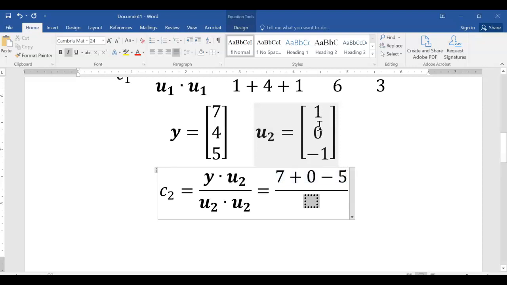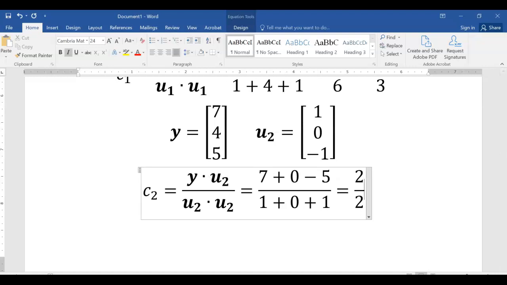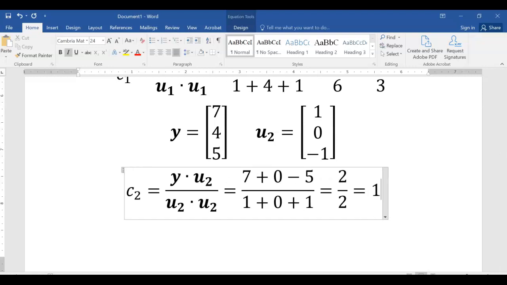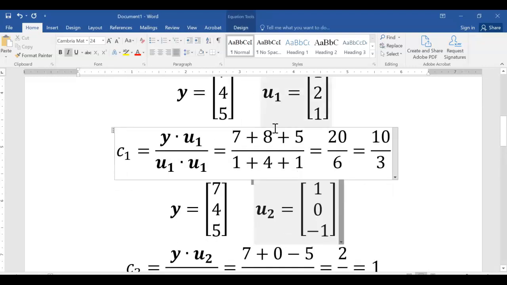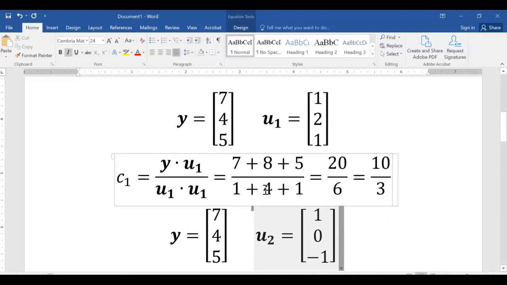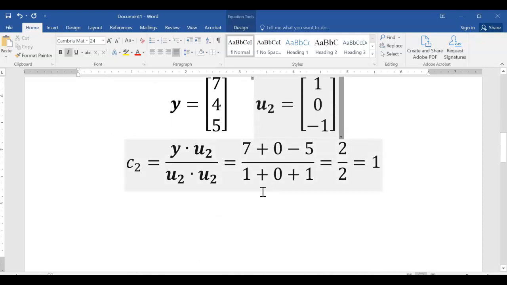And then u2 inner product with itself is 1 plus 0 plus 1. So we end up with 2 over 2, which is just 1. Okay, so that's what I get. Hopefully I've done my calculations right, and most of these I've been doing in my head. And if I have, well then I've found the projection.